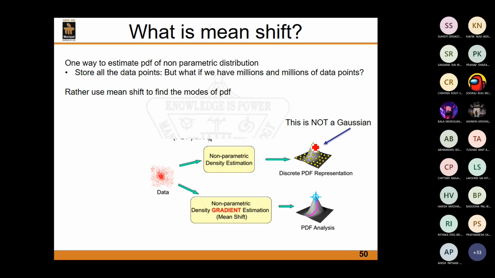When you're trying to estimate the PDF of a non-parametric density estimation or distribution, we can go about it in two ways. One way is to look at the data points, let's say these are the data points which are given to us, and directly try to form an estimate of the PDF representation that you have here. That is one way which could be done.